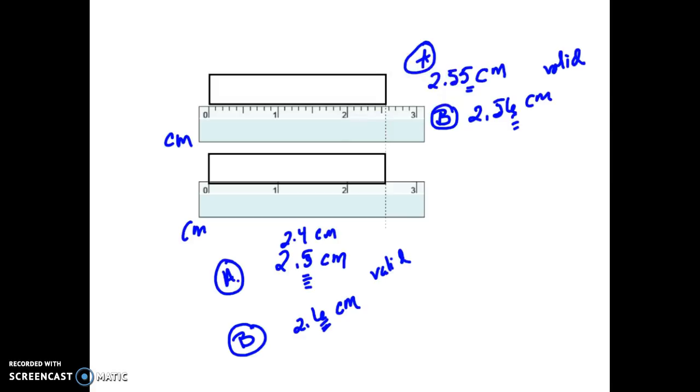So in these right here, I'm going to put it in green, you have total confidence because you see the markings. The last digit is the guessing digit. And depending upon what you're given for a number, so like here you're given 2.55, or if you're given 2.5, there's like hidden meaning with the number of numbers you're given here.